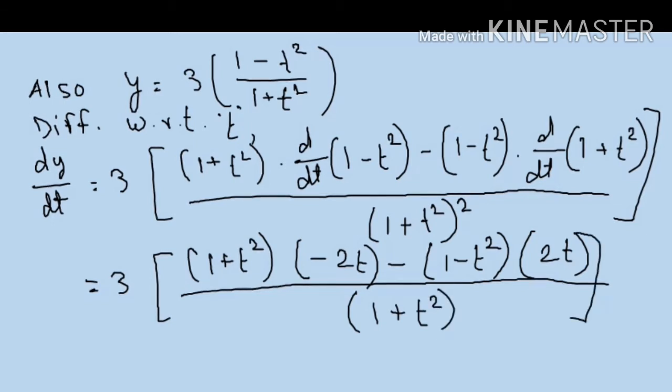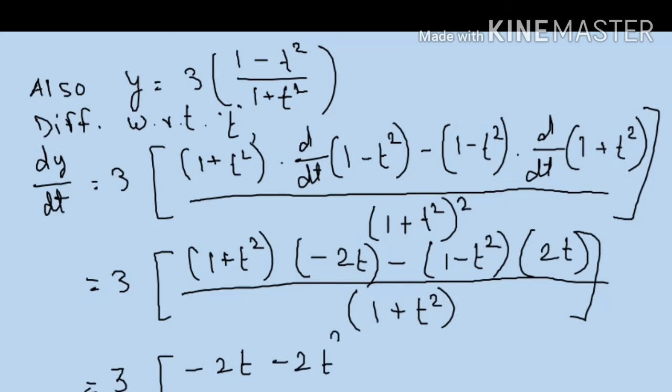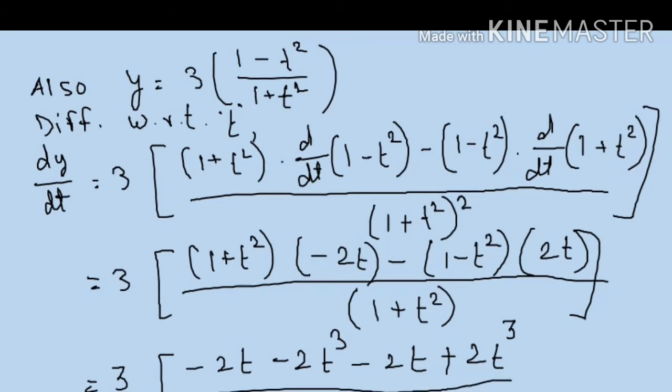So we get 3 into. Now solve this. 1 into minus 2t, that is minus 2t, minus 2t cube. This side minus 2t and minus minus plus 2t cube, upon 1 plus t square.